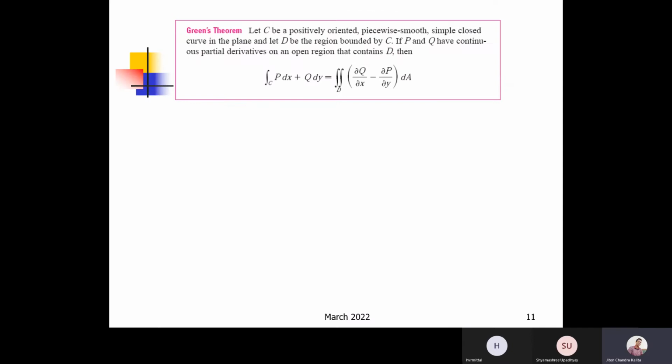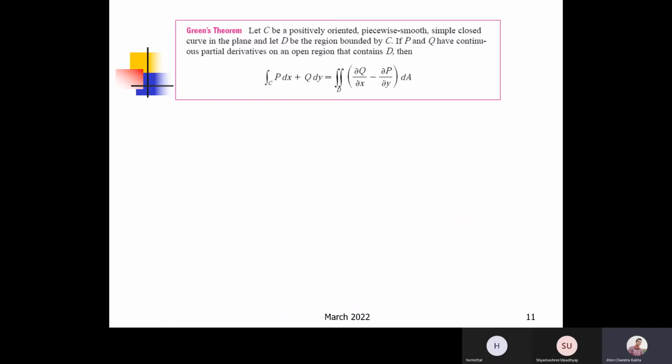Okay, fine. So this is Green's theorem. See, please have a look. Please carefully look at the statement. Let C be a positively oriented, piecewise smooth, simple closed curve in the plane. Okay, it doesn't necessarily have to be completely smooth throughout; it is piecewise smooth.